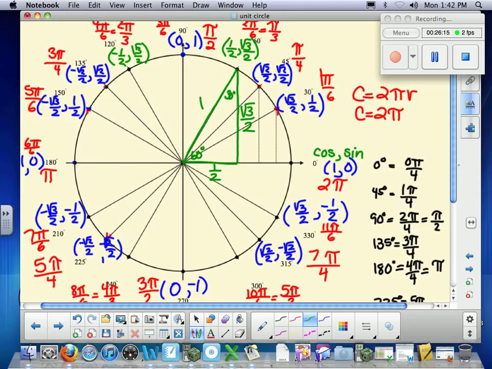At 240, it is negative 1/2 and negative square root of 3/2. And here at 300, it is 1/2 and negative square root of 3/2. Ladies and gentlemen, I present to you the unit circle.